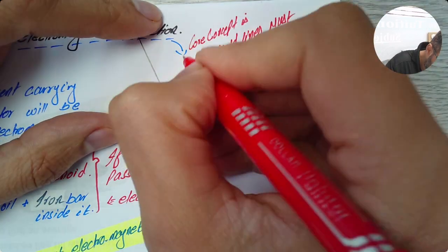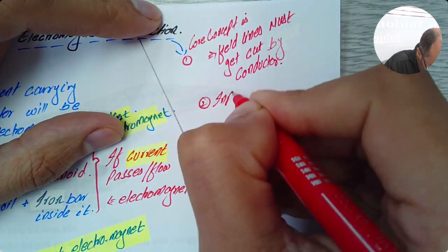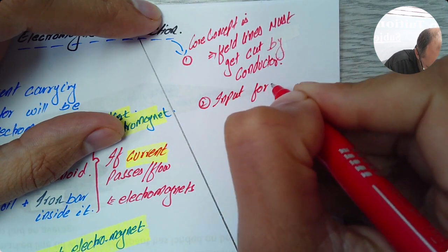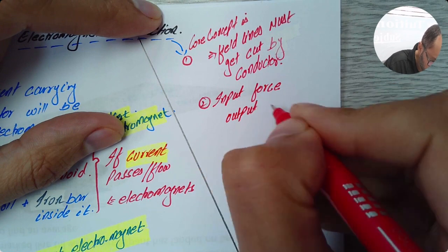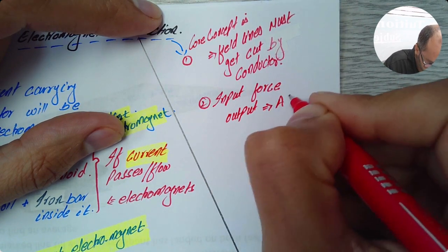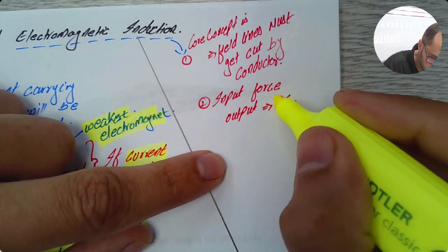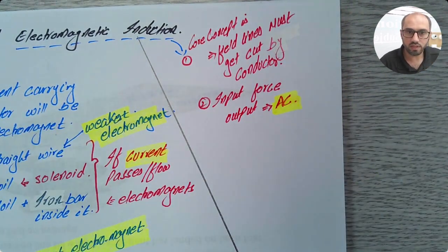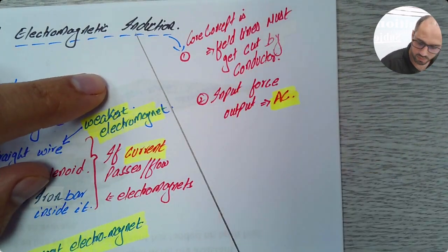Number one. Number two, you need to remember your input will be force and your output will be AC, alternating current. That's what you have to remember, alternating, and that's very, very important. Now for this to happen, field lines must get cut by a conductor.